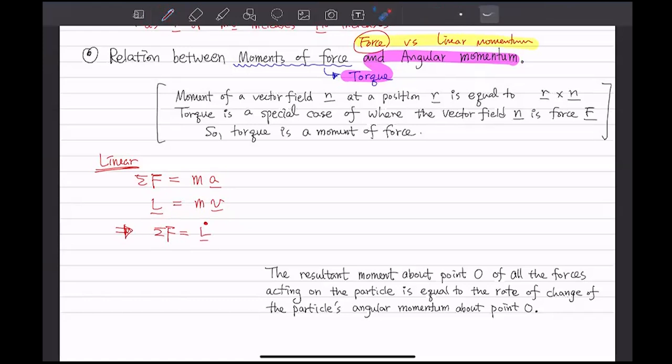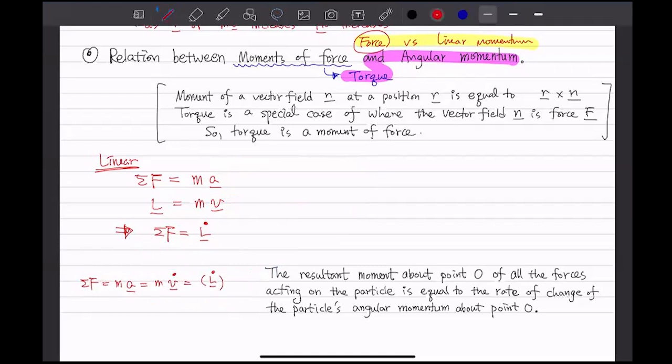You see the relationship between these two? Because think about it. A is V dot, right? And you have M multiplied in both cases, and this is force, and this is nothing but momentum dot. You see? Maybe I'll put this thing down here.